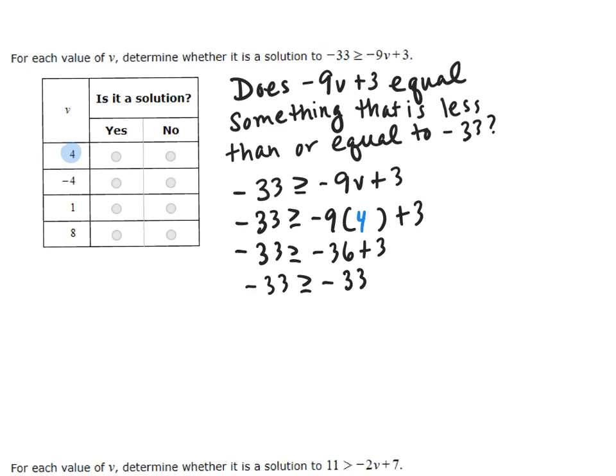Okay, because this is a greater than or equal to sign, and we know that -33 does equal -33, this one is a solution.